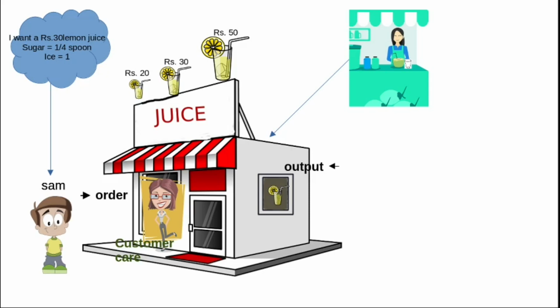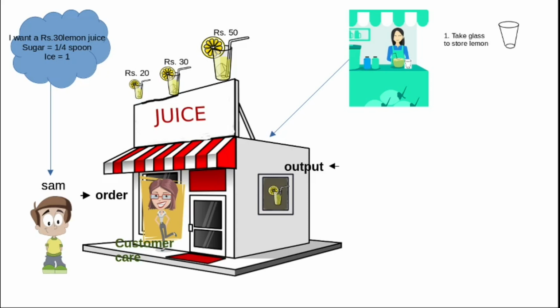The juice maker is also a female. She is located inside the house, you can imagine, and there is a corner in the shop where you get your output or juice. Let me explain what the juice maker does. First she takes a glass, like a 30 rupees glass, an empty glass, so that you can store the juice.